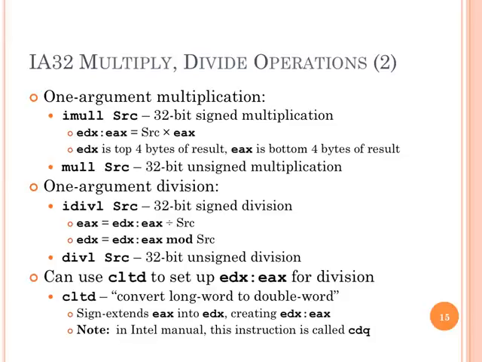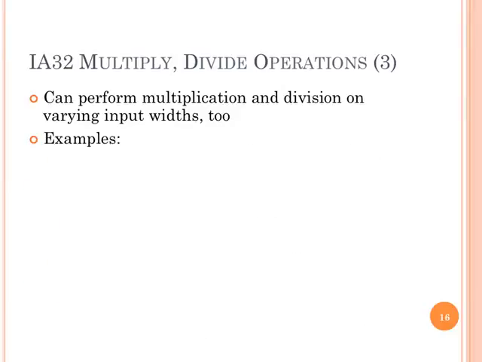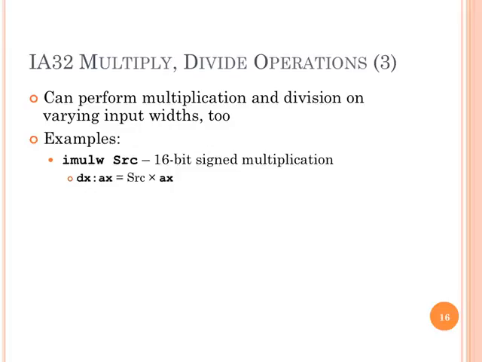Any questions? All right. Yeah, so varying input widths are also supported, as I mentioned as we went along. If you want to multiply two 16-bit values, you can certainly do this. This is what I grew up on because we didn't have 32-bit computers right away. So DX:AX becomes source times AX.